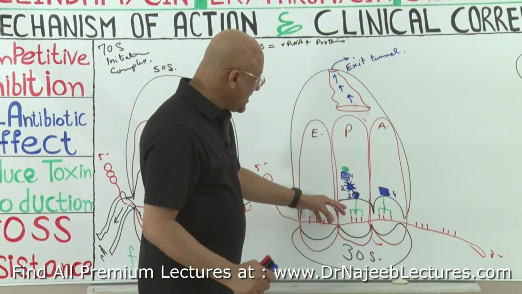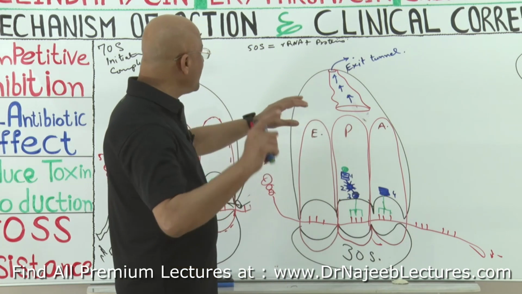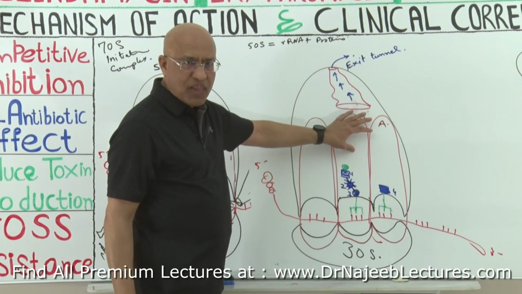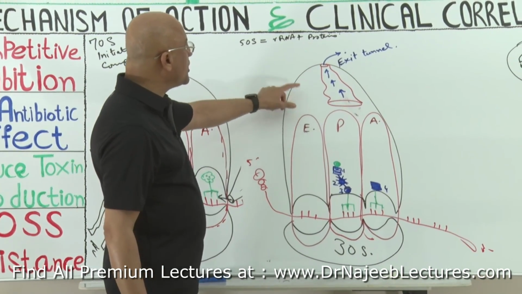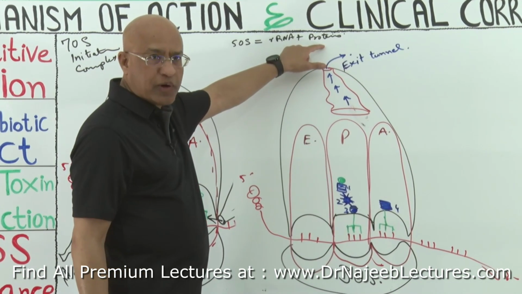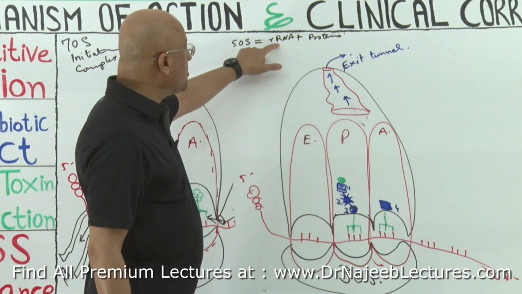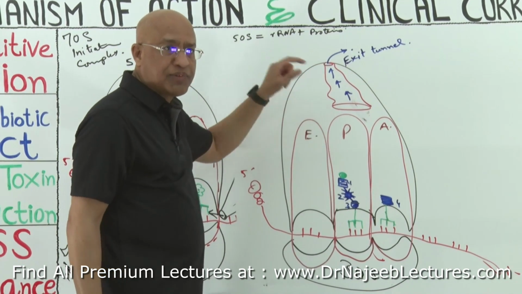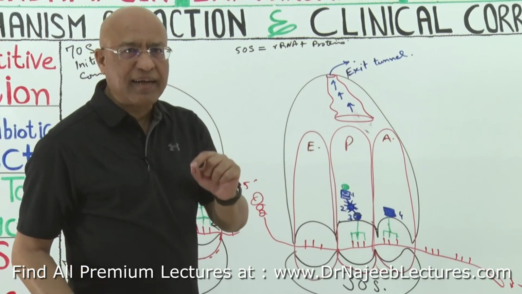Which part of the ribosome is performing the... Oh yes. I was saying, I've already told you the 50S subunit basically has catalytic or enzymatic activity. And then I said the 50S unit is made of ribosomal RNA and some proteins. Now, is it the ribosomal component or the protein component of the 50S which is going to act as an enzyme?